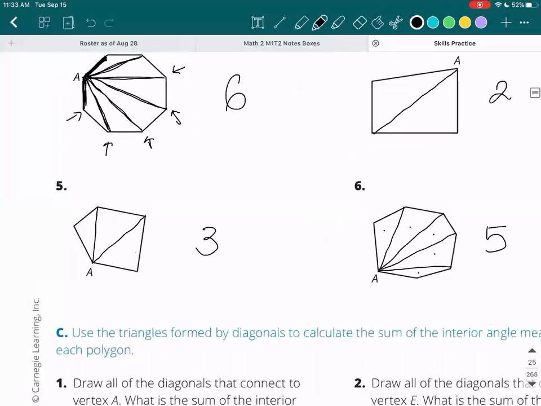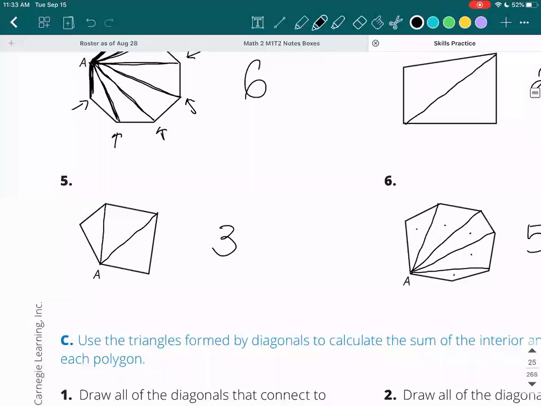Do you guys remember, let me just draw a basic triangle first for you. For any triangle, what's the total sum of all your interior angles? These 3. If I add up those 3 blue angles together, what is the total sum for any triangle? 180.